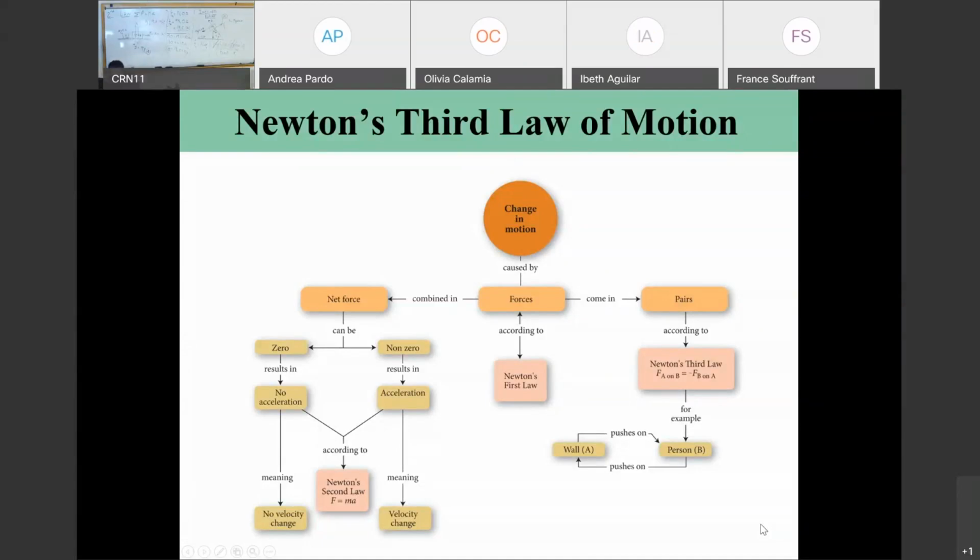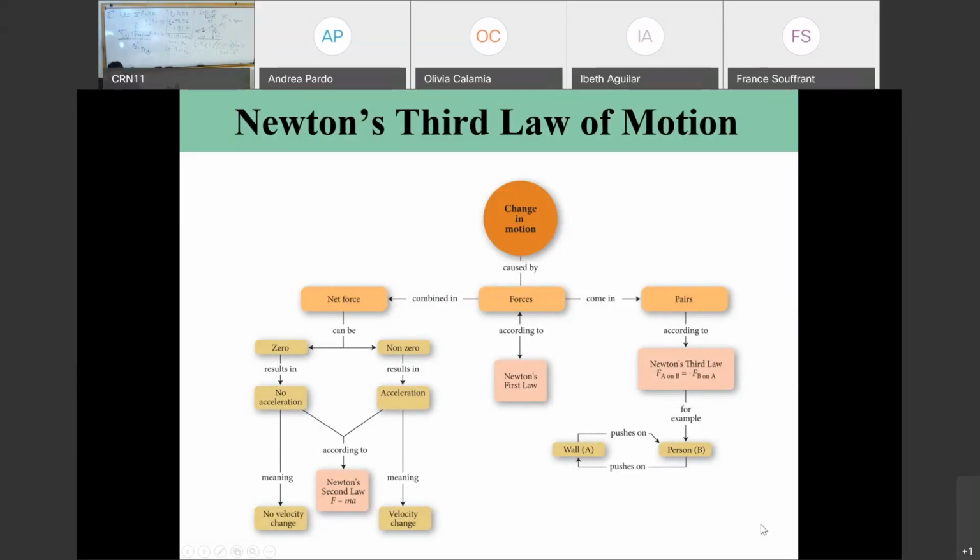What do we have there? We have a nice flux diagram that shows you the changes in motion caused by forces, which come in pairs, right? According to Newton's third law, action equals an opposite reaction.